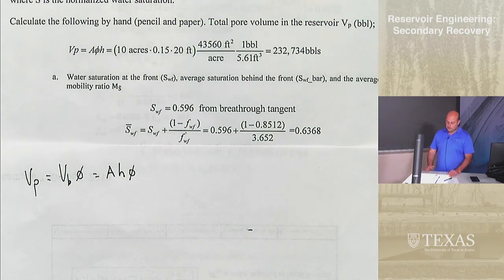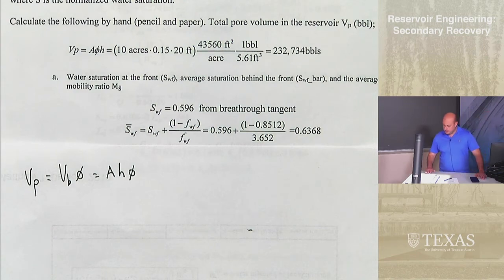And then how would we calculate MS bar now that we know that? So MS bar is this mobility ratio. That's going to be using that formula that's in the slides, using the relative permeabilities of oil and water, right?